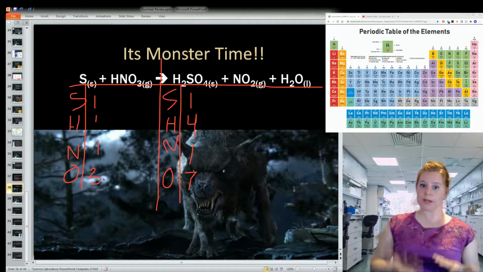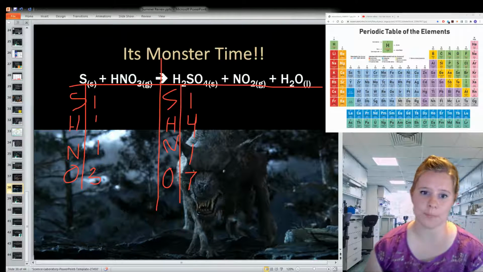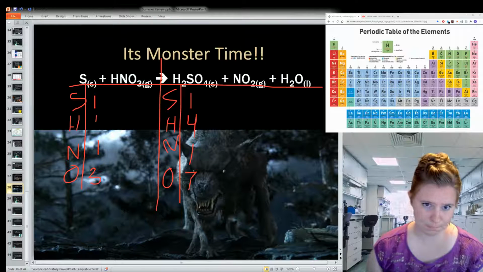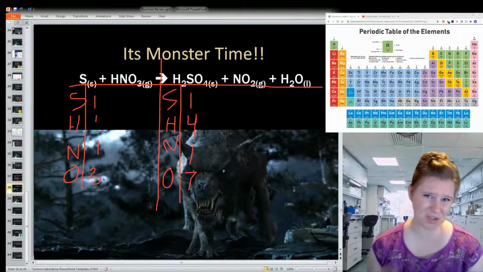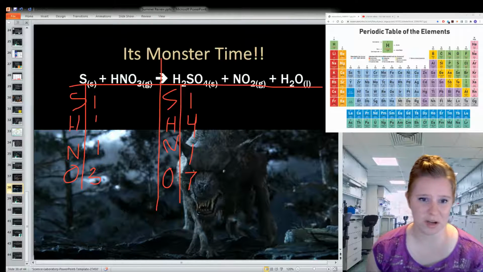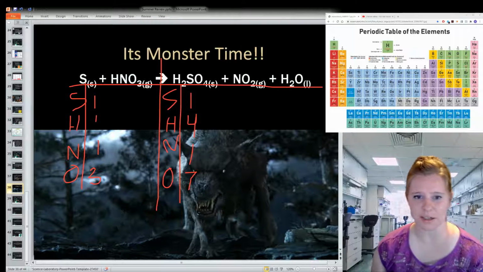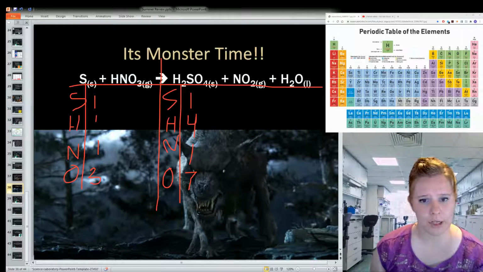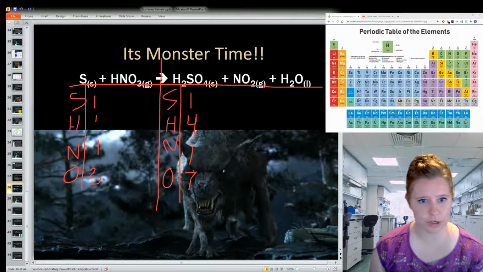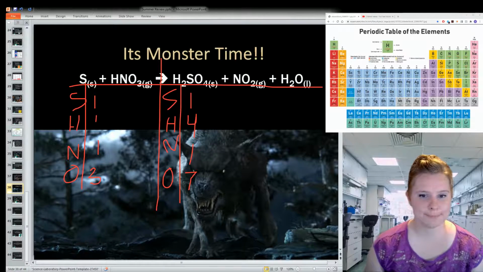All right, so clearly we are not balanced. Now, S is already balanced. N that's by itself here, I'm actually just going to leave S alone. It's already balanced, it's by itself, I can fix it later if I need to. Hydrogen is not balanced, nitrogen actually is, and oxygen is not. So you want to do either hydrogen or oxygen.